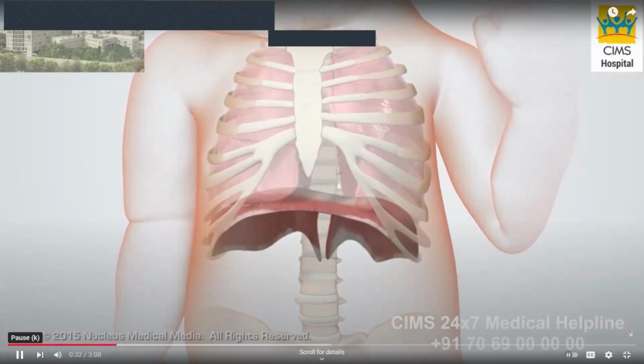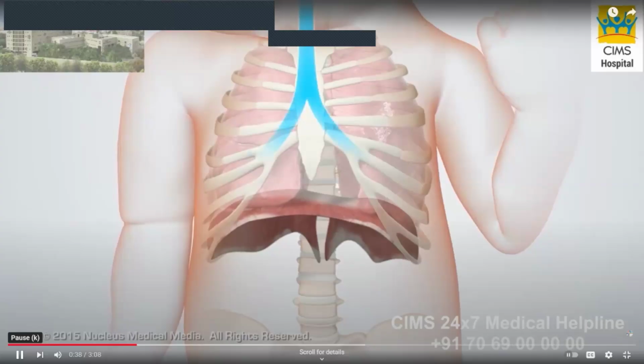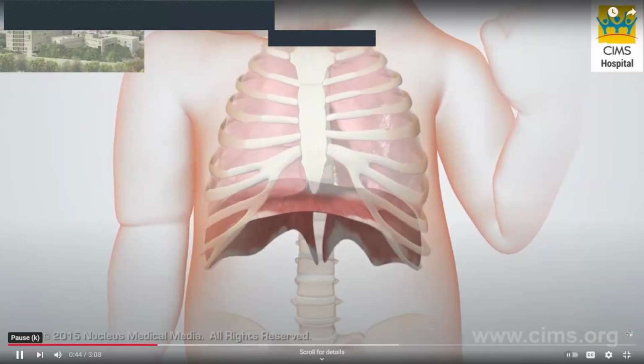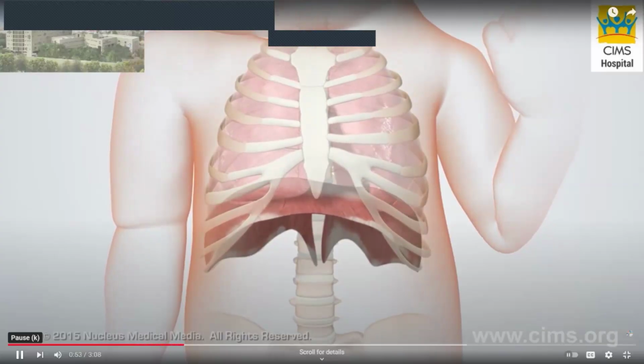This expansion lowers the air pressure inside the chest, creating a pressure change that causes air to rush into the lungs. When the baby breathes out, the diaphragm relaxes and the inner rib muscles contract, reducing the size of the chest cavity. This reduced size increases the air pressure inside the chest, forcing air out of the lungs.